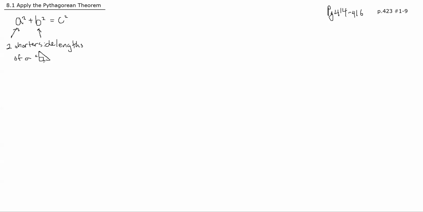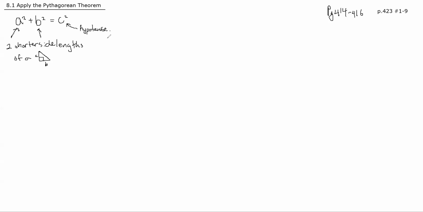In other words, this could be a and that could be b, or vice versa. The base could be a and the height could be b. Next, the c, the letter that is on its own on one side of the equal sign, is always going to be referred to as the hypotenuse.